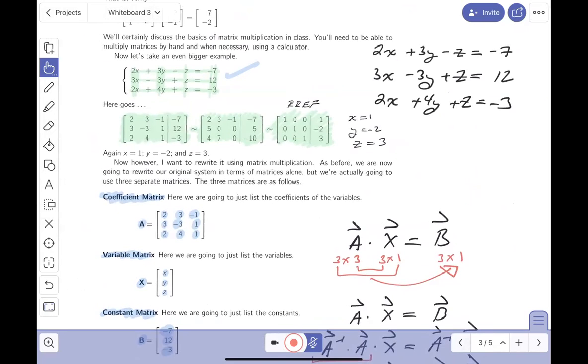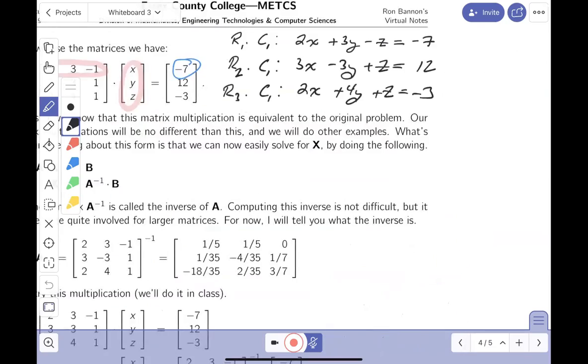Is it the same thing I expected it to be? And if it's not, maybe we made a mistake somewhere. 2x plus 3y minus z equals minus 7. I see that there. 3x minus 3y plus z equals 12. 2x plus 4y plus z equals minus 3. Wow, same system. That's going to take practice on your end.